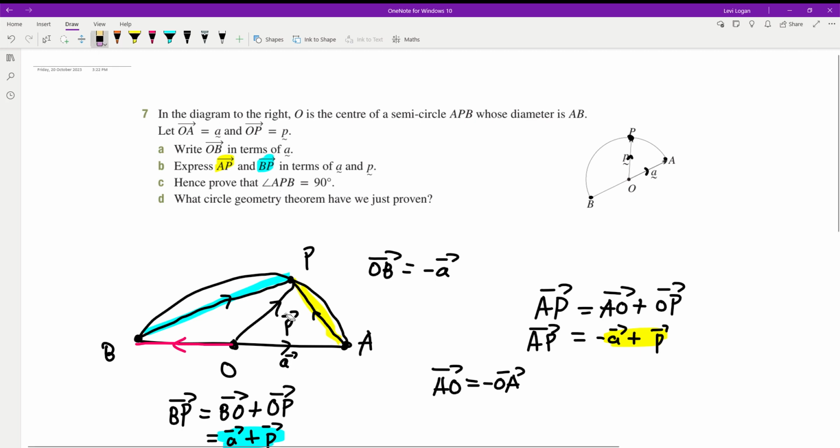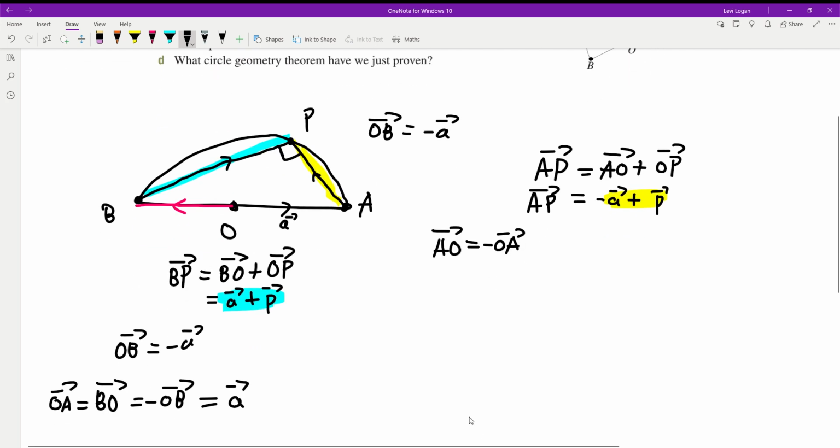Hence prove that APB is 90 degrees. So what we're trying to prove is, if I rub this out now, that this is 90 degrees. And that's actually the proof we've done previously on the channel. Now, if we want to prove that's 90 degrees, we just dot this blue vector with this yellow vector, and if we get 0, it's 90 degrees.